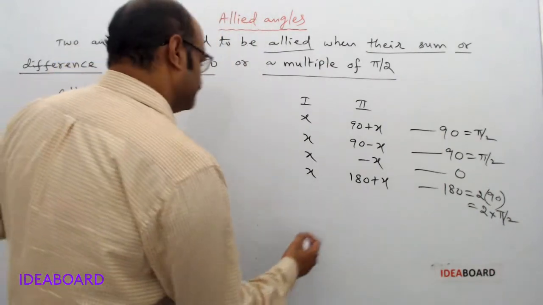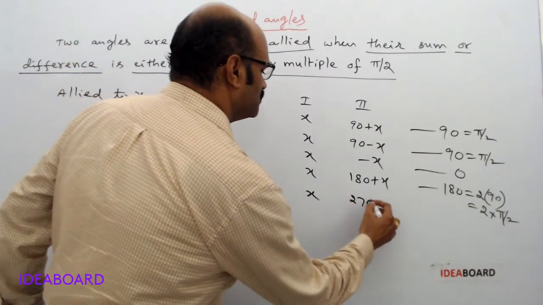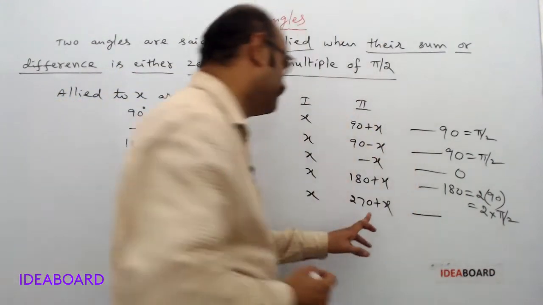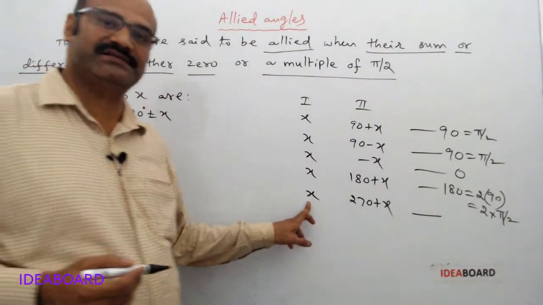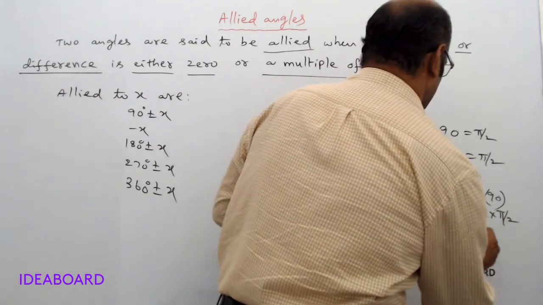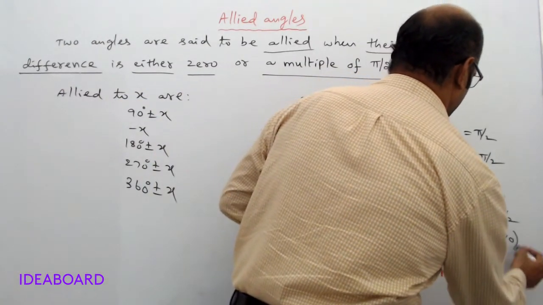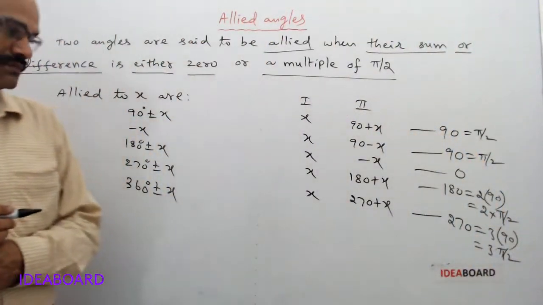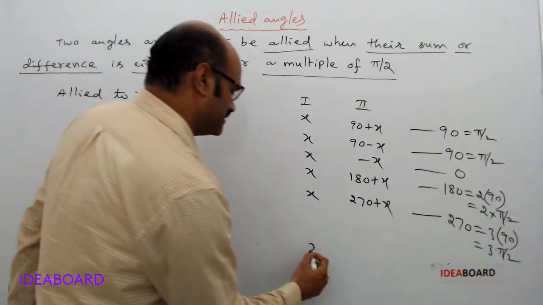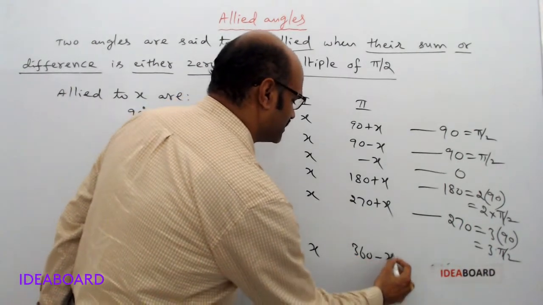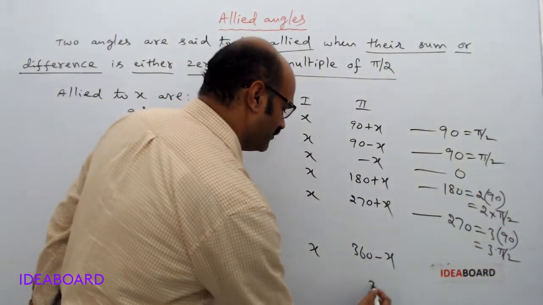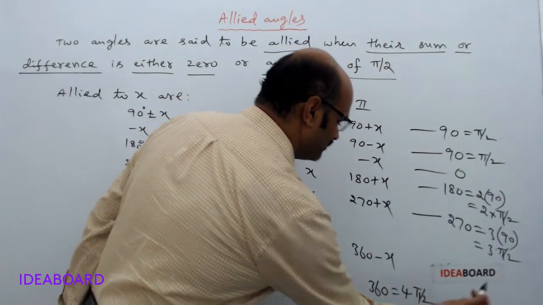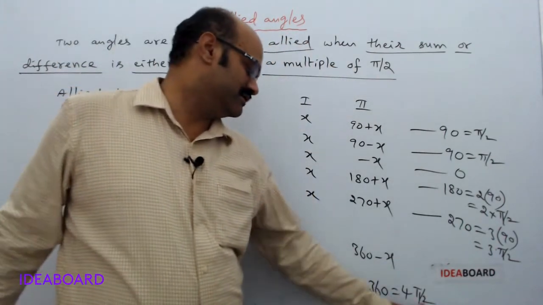Similarly, you take 270 plus x. 270 plus x minus x equal to 270. 270 means 3 times 90, 3 times pi by 2. Similarly, take x and 360 minus x, take the sum of these two, we get 360, equal to 4 times 90. 4 into 90 equal to 360.